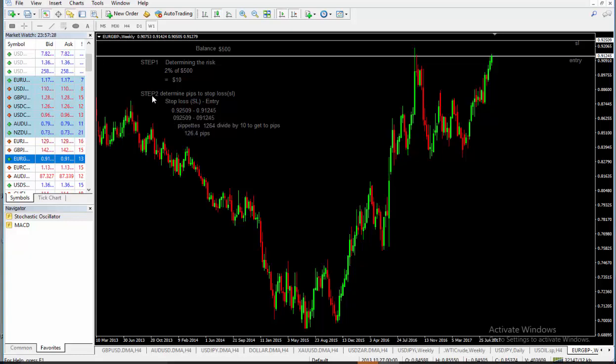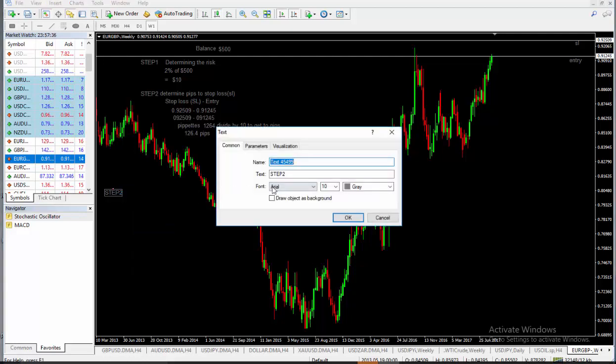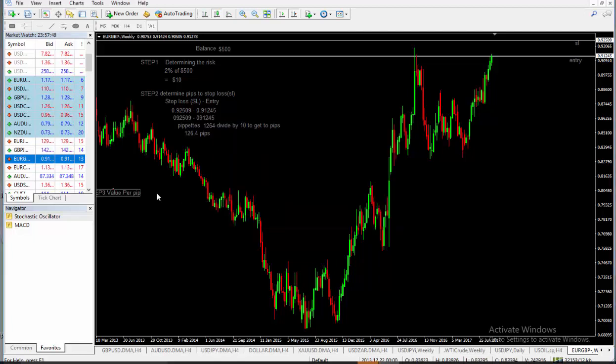So that's step 3, the value per pip, which is quite easy now. We've already determined our risk, and we've determined the number of pips to our stop loss. Now step 3, we must determine the value per pip.